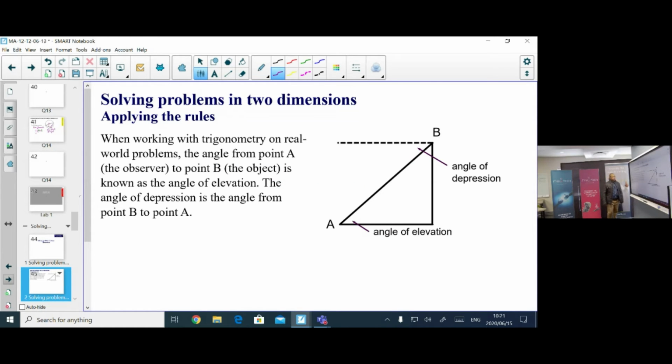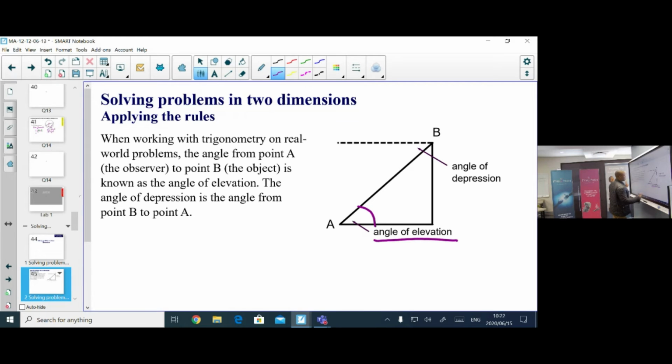Most of the problems we're going to solve, I want you to have this in mind. So this will be very useful. Solving problems in 2 dimensions or even 3 dimensions, you must apply these rules that when working with trigonometry on real world problems, the angle from point A, the observer, this angle here, to the point B, the object, is known as the angle of elevation.